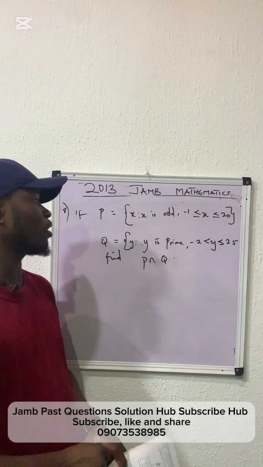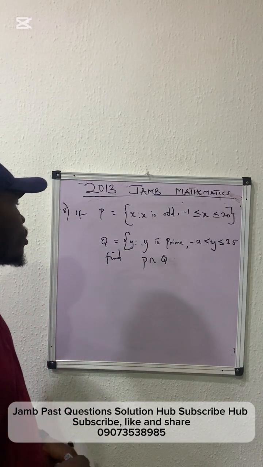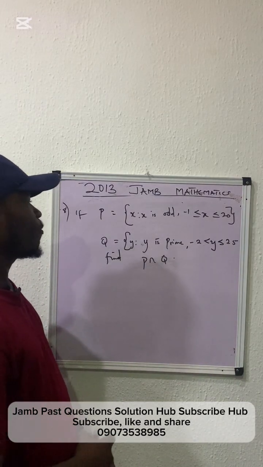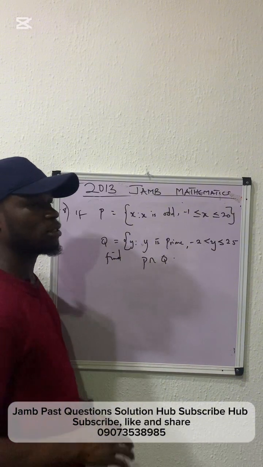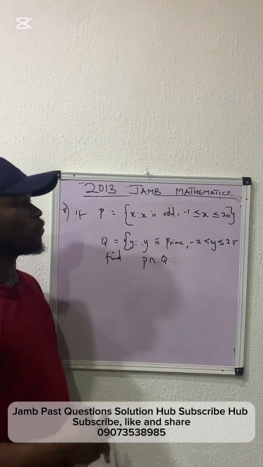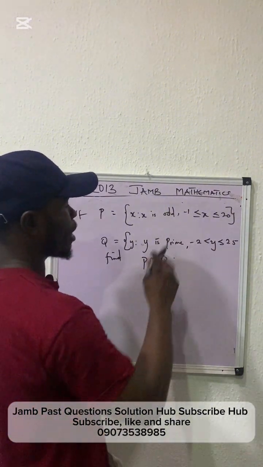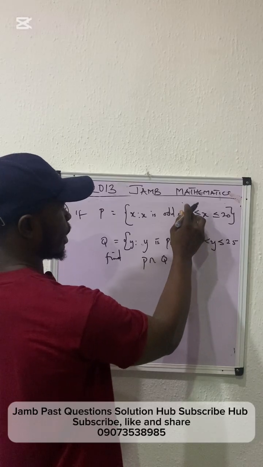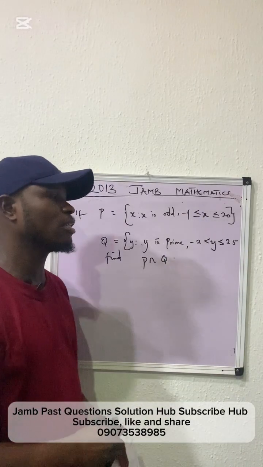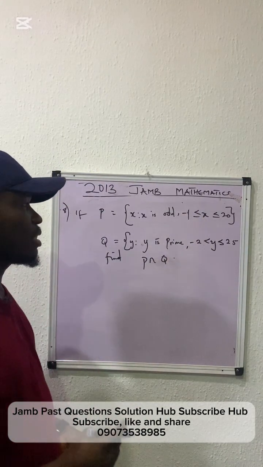Alright, so this is a very simple question on sets. First we have to find the elements of P, of which we have a range here. Now when we say -1 is less than or equal to X, this is what it means.